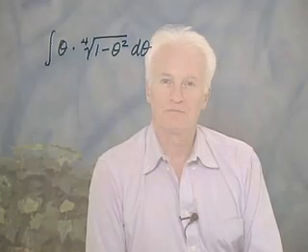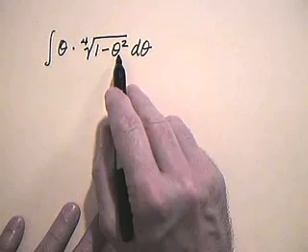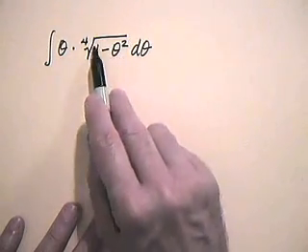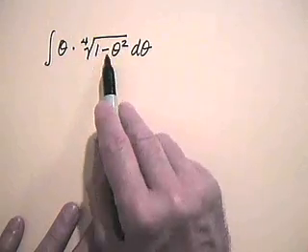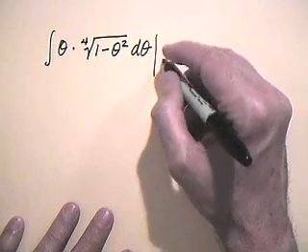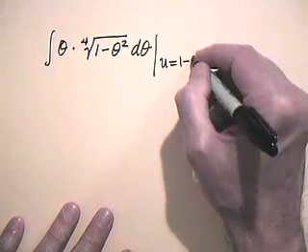Let's look at an indefinite integral where we use the substitution rule. Here I have the indefinite integral of theta times the 4th root of the quantity 1 minus theta squared d theta. So again, I see inside this 4th root is an expression in theta, and so let's begin by trying to substitute a single variable for that entire expression.